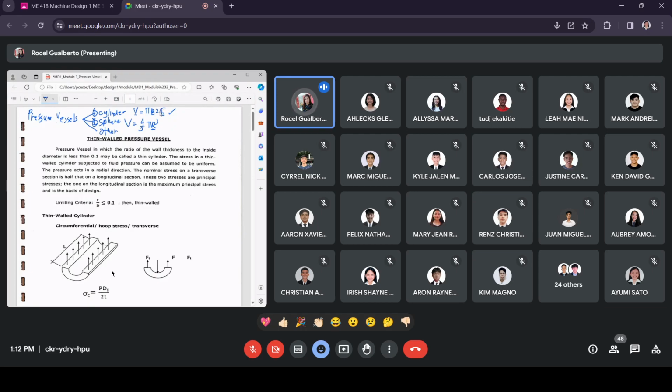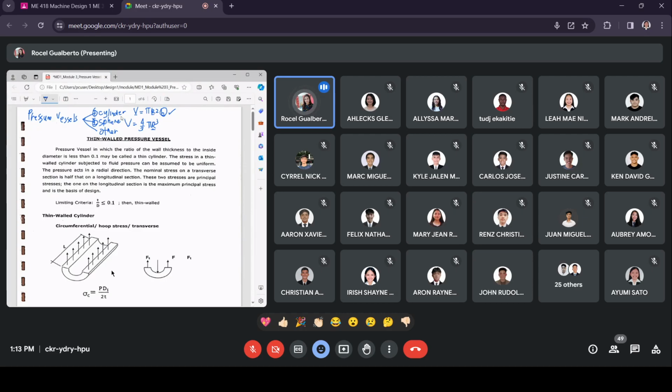So the land that it will consume for the mounting of this pressure vessel will be the same because you have the same diameter. Only the height is what we increase. Increasing this height will increase the volume, but the land area occupied by this vessel will simply be the same.